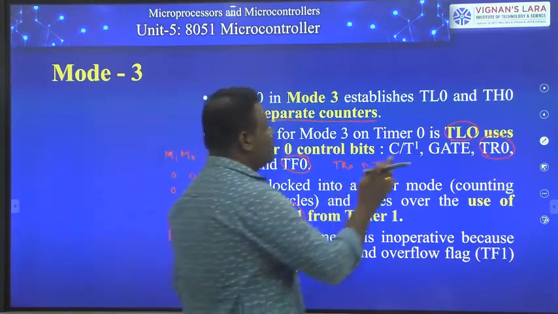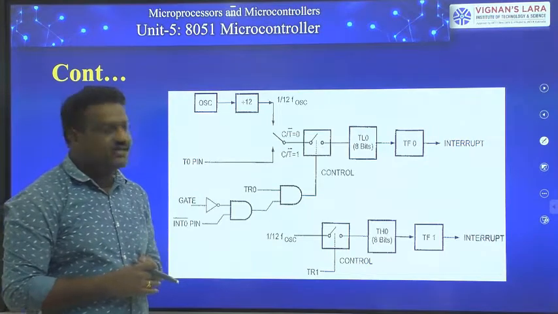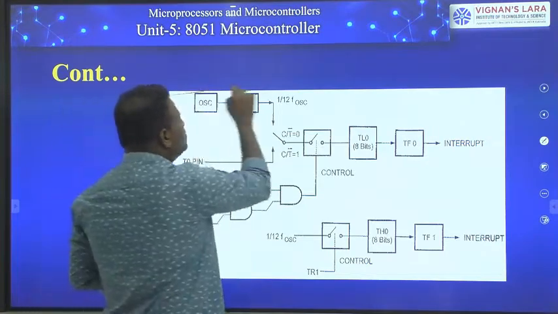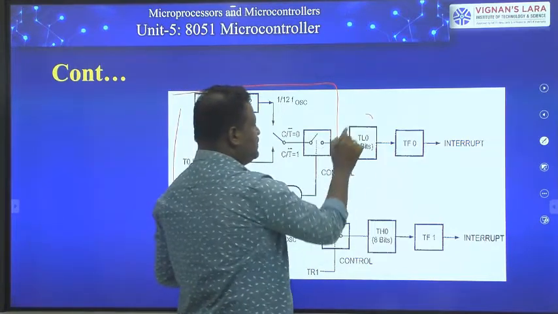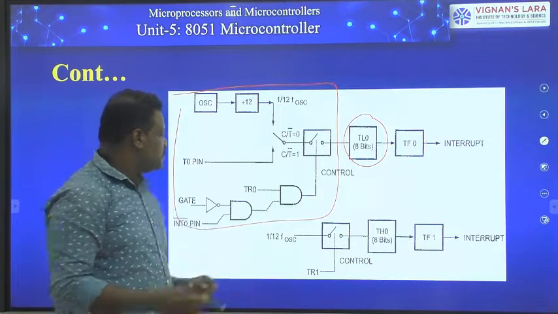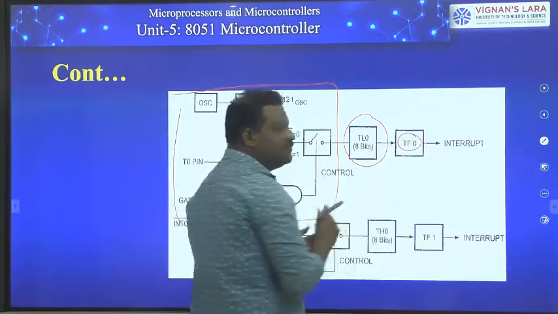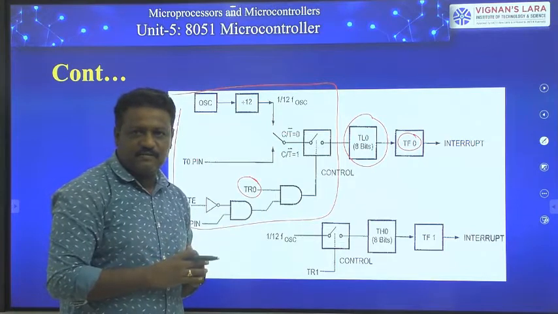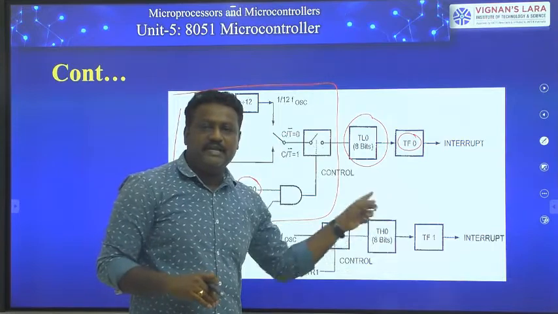Next is the structure. See here, friends, this is again your control logic circuit. This is TL0, the timer 0 lower byte. It will use the timer 0 run bit as well as the timer 0 overflow flag for its operation. For another operation, I use TH0 as a counter.